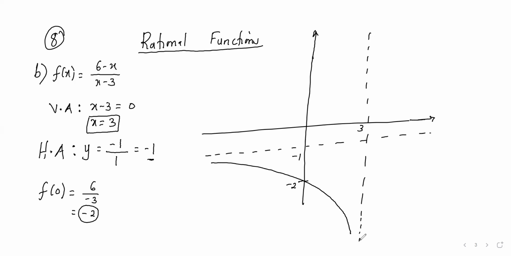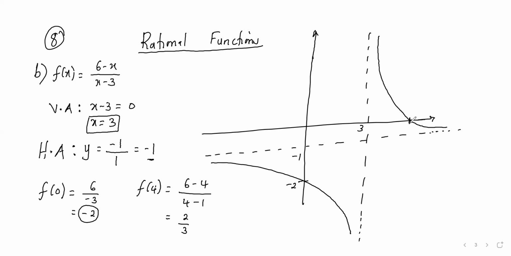Pick a number bigger than 3. Let's use 4. What's f of 4? 6 minus 4 over 4 minus 3. That's 2 over 1. The number is positive, obviously above. So the curve is going to be up here. It doesn't touch the asymptote. Now it has crossed the x-axis. How do I find the x-intercept?